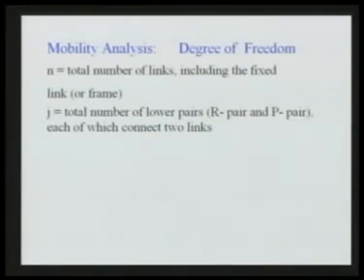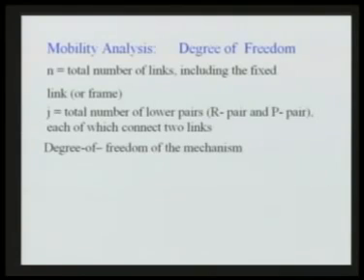So, if there are j kinematic pairs, 2 times j degrees of freedom are curtailed. So, the effective degrees of freedom of the mechanism, f, is 3 times n-1 minus 2 times j.